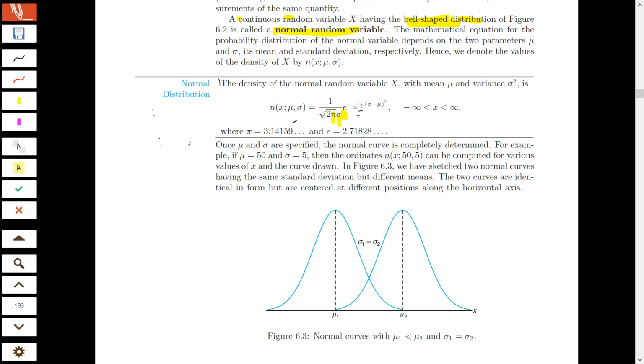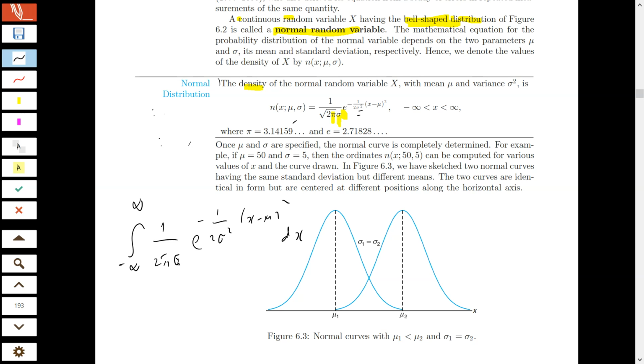Okay, this shape is very interesting because this is a PDF, we know it's a PDF, right? Density. So if you integrate this, you'll get something. Let me integrate this. So I integrate from minus infinity to plus infinity, 1 over square root of 2 pi sigma, exponential of minus 1 over 2 sigma squared times x minus mu squared, dx.